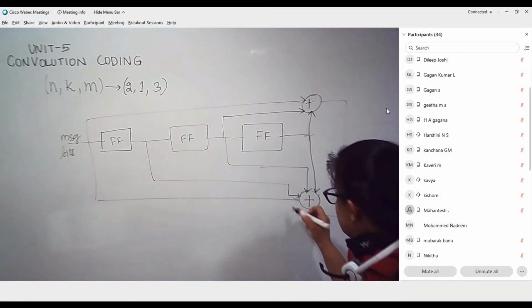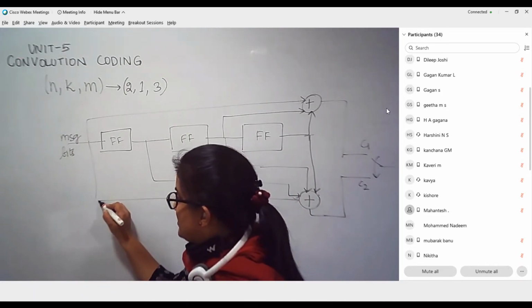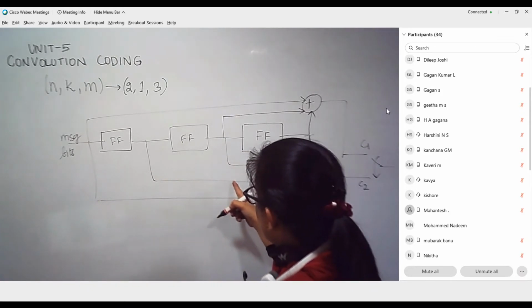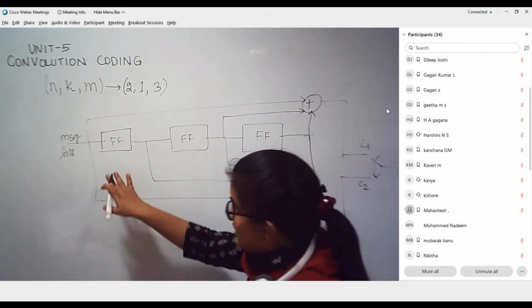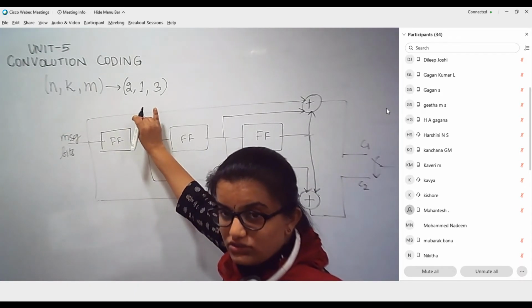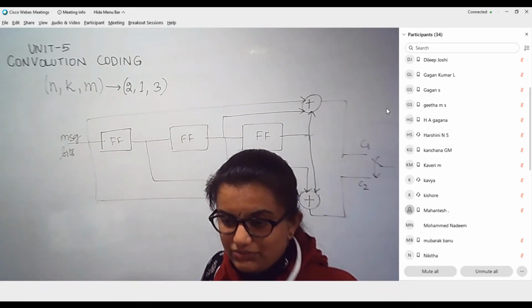Observe here: this particular modulo 2 adder will take the message bit as is. Then the output of the flip flop. How you should consider it is, while pushing the data out, you need to take whatever output is coming out, not the one that has already been entered. So please keep this in mind.